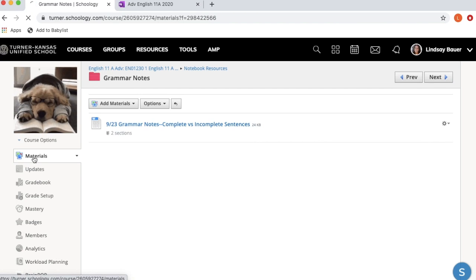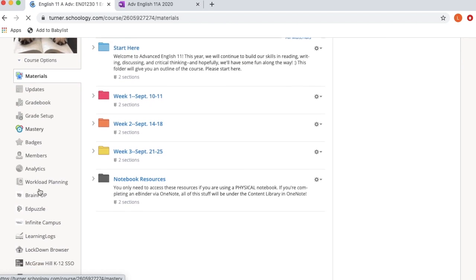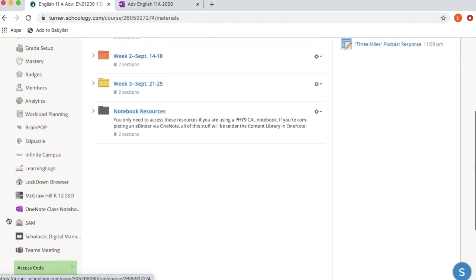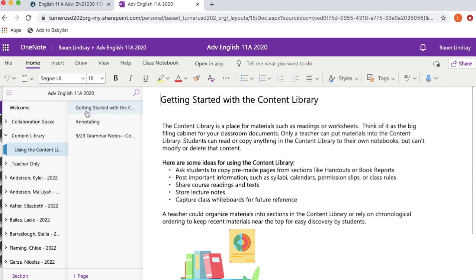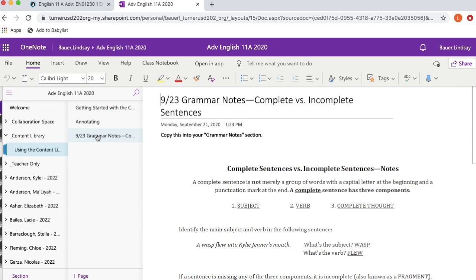If you are doing the eBinder, remember that you'll come down here and you'll get to the OneNote class notebook. Once you are in here, under the content library, you will choose using the content library. And then you will see, hopefully you already copy and pasted your annotating notes into your reading section. Today you are copying and pasting the grammar notes into your grammar section.